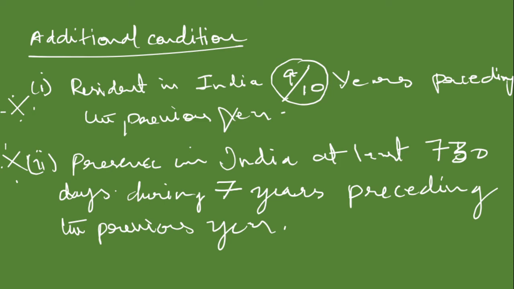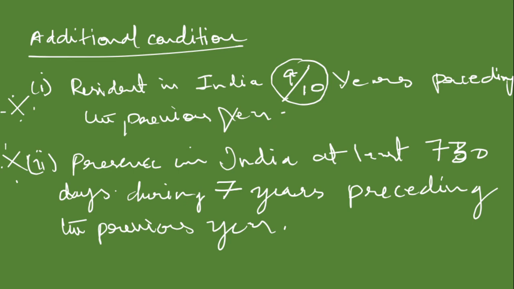Then we cannot consider him as an ordinarily resident. He is a permanent resident, because full time he was in India, so he shall not be considered as an ordinarily resident.